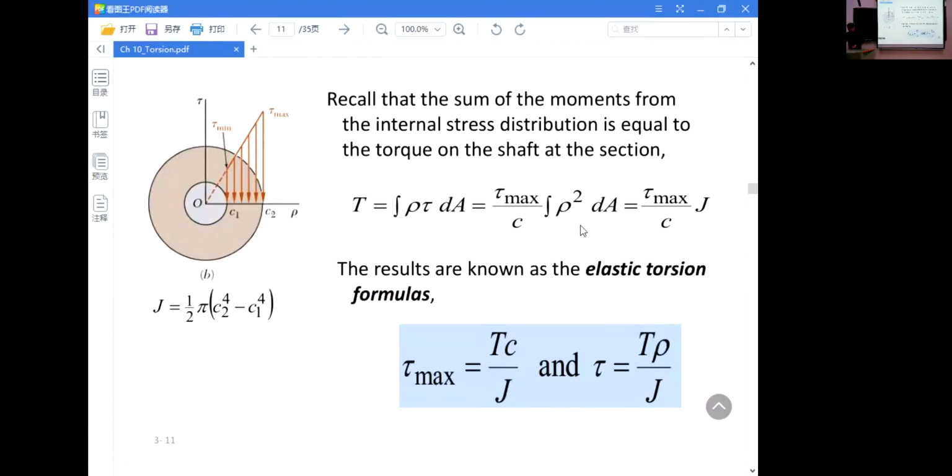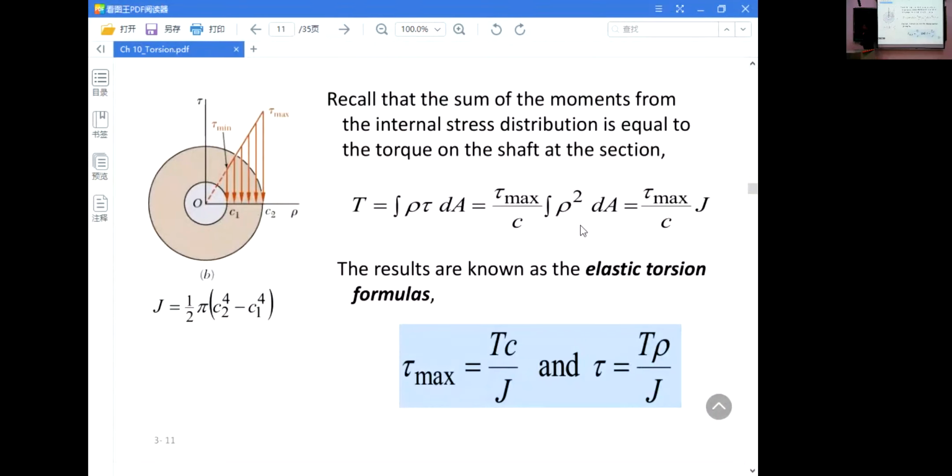Erase it. We will know how. Tau rho equals G gamma rho, and gamma rho is rho phi over L. Yes, sir.